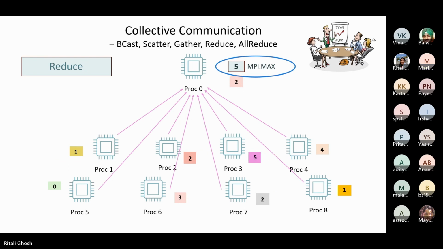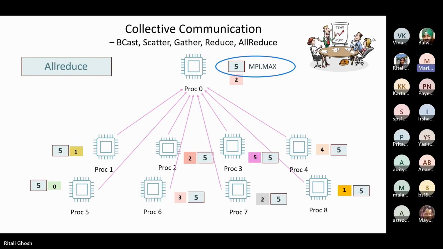What reduce does is, given the operation and whatever data is in all the processes, it will combine them. If it's maximum, it will find out from all the results what's the maximum. But this final value resides in processor 0 only. If you want all of the processes to have this final sum, then that is called allreduce. So you have this also as a receive buffer in all of the processes. Okay, so those were two examples.